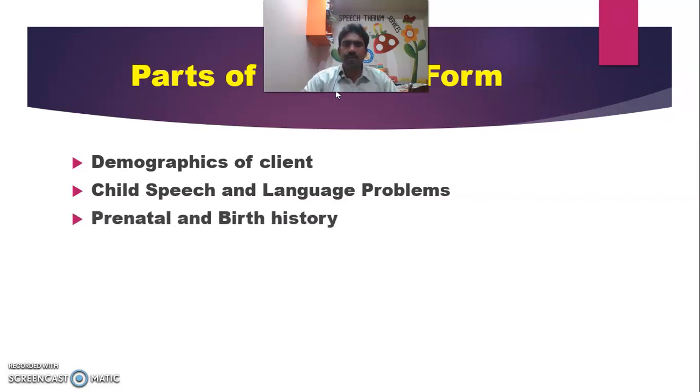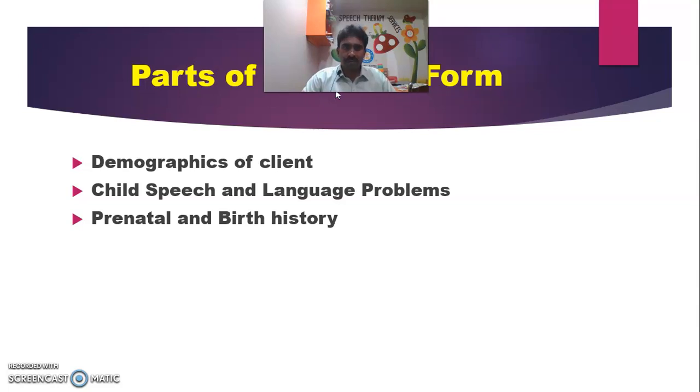The third part of the form is prenatal and birth history. You should ask the parents or caregiver of the child about the prenatal history, whether his mother was exposed to illness or accidents or any illness. If they say he had any problem when the child was in the tummy, you should write it down on your history form.